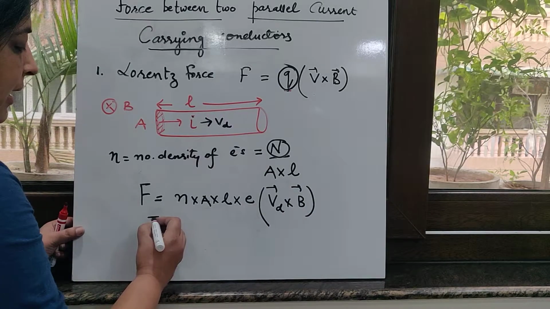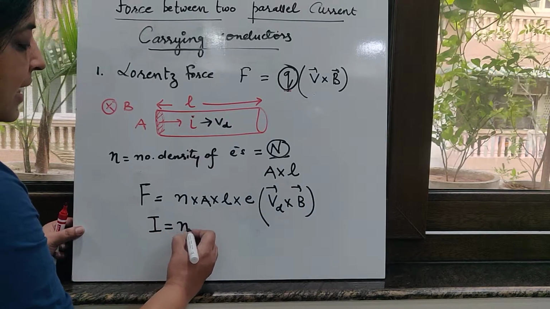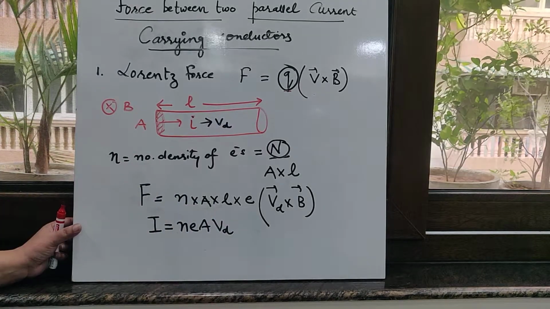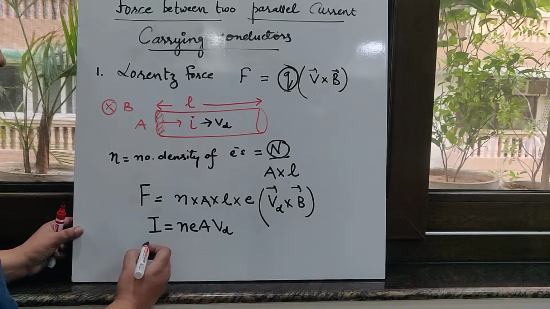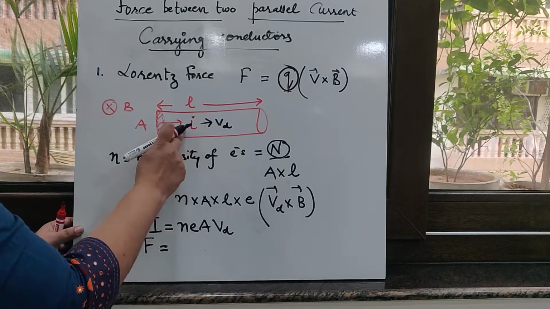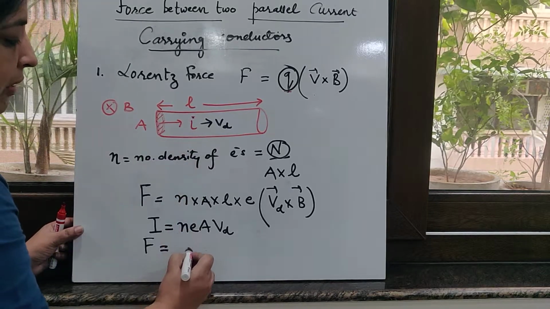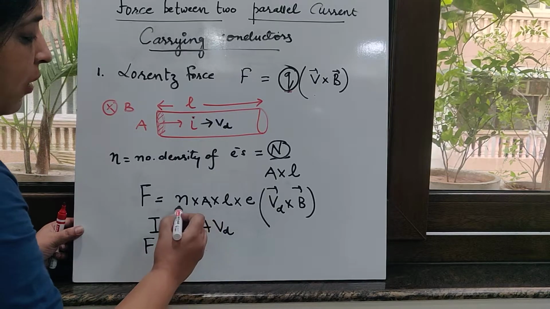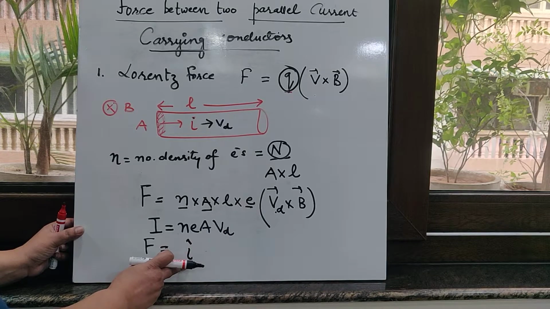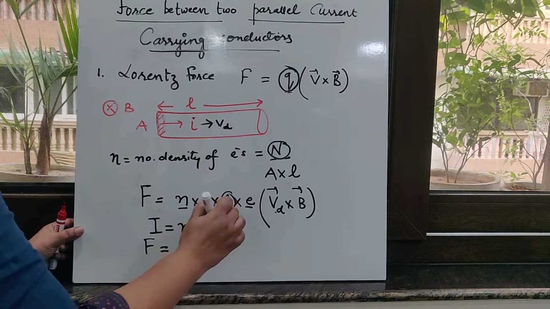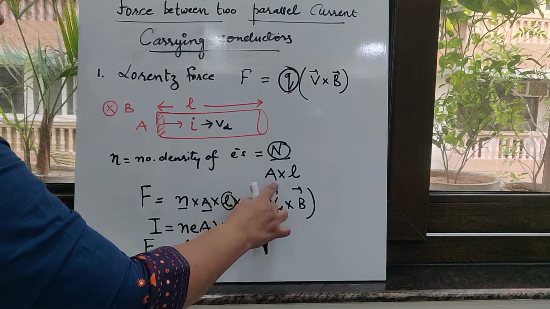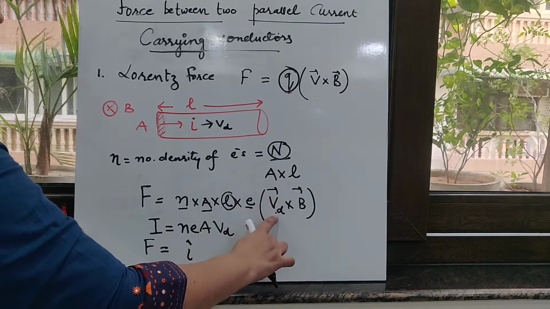Now we have already done this earlier, that I is equal to neAVd in the third chapter. So substituting the value of I, I will write down F is equal to I. Now n, e, A and Vd have been taken as I, so I am left with L. But inside the bracket there was a vector, so I have to substitute another vector here which is in the same direction.